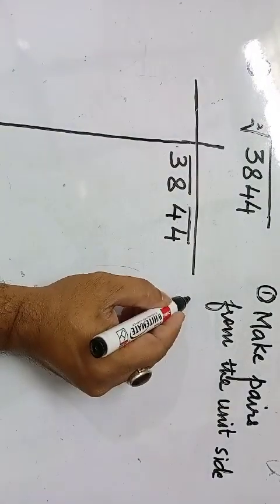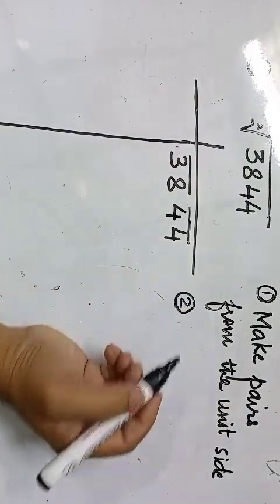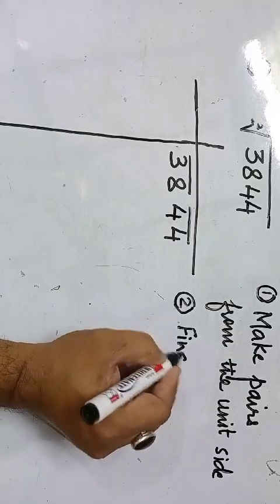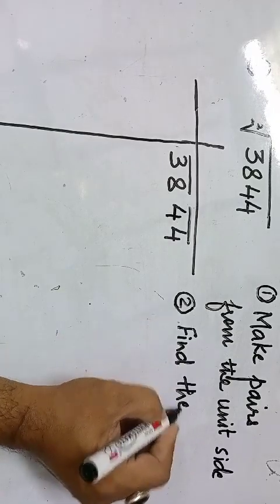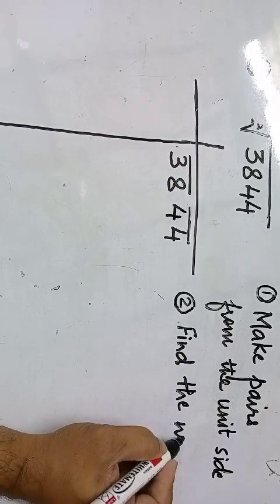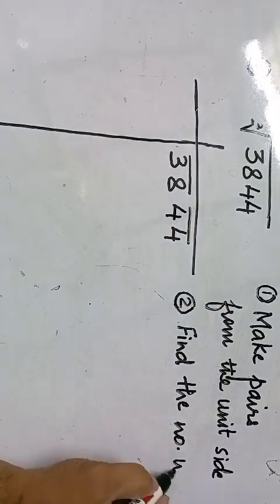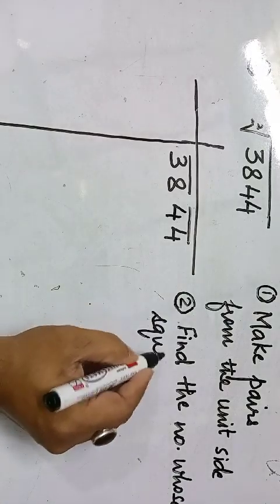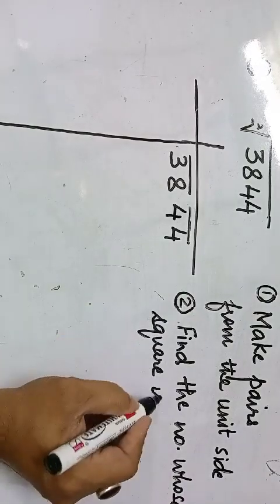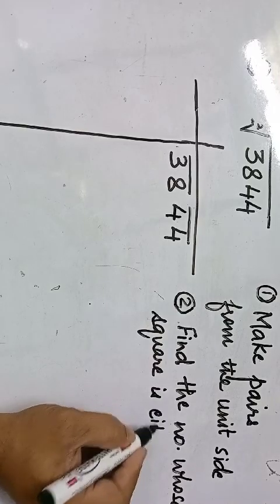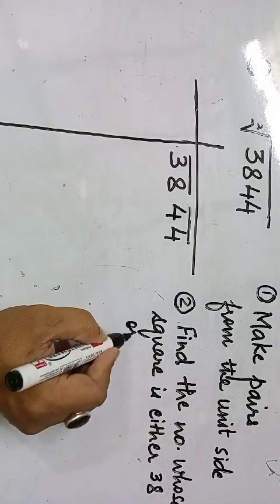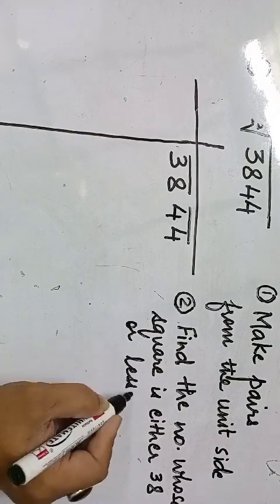Now you will look for the second step. The second step will be to find the number whose square is either 38 or lesser.